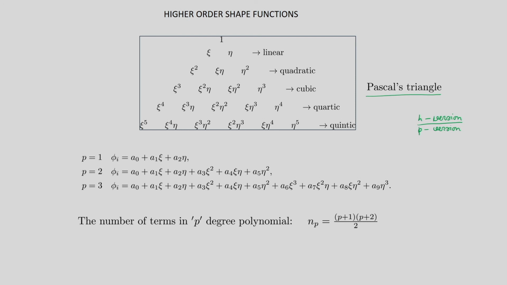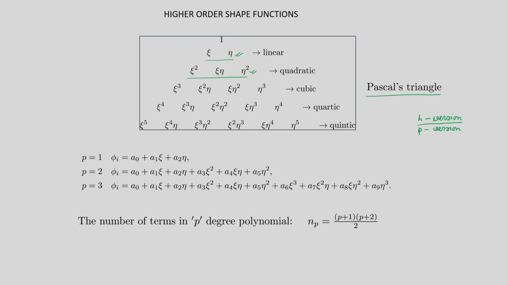This triangle is basically a collection of monomials in a particular order. If you look at each of the rows, in each row the degree of the monomial is the same. So, the second row has all monomials of degree 1, the next all monomials of degree 2, and so on.